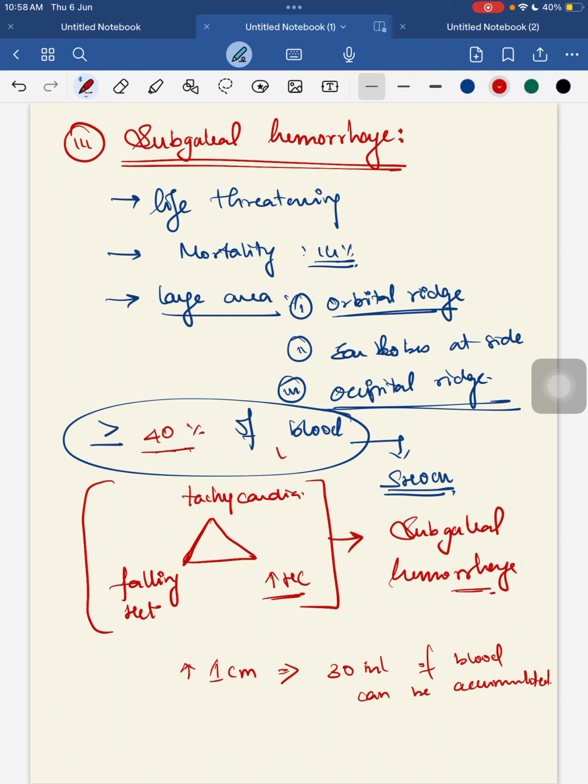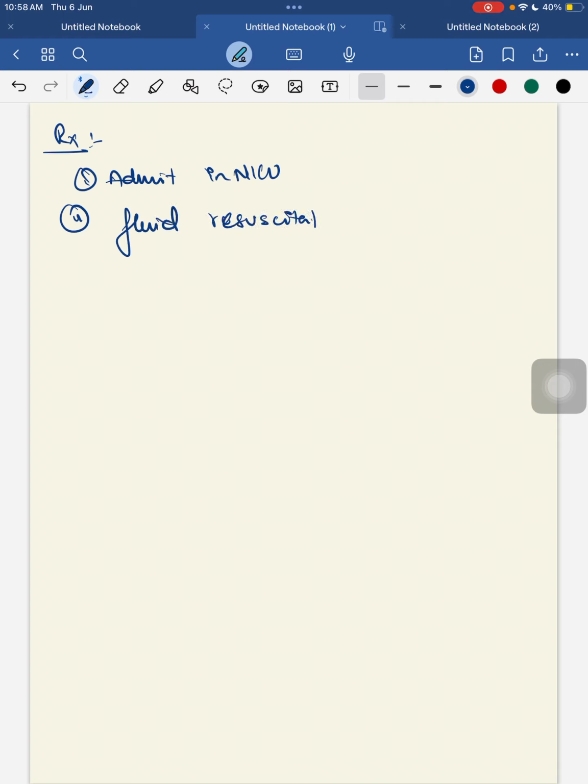This linear fracture mainly involves the parietal bone, and it is associated with a tear in the dura membrane. This can lead to the development of what is called a leptomeningeal cyst.